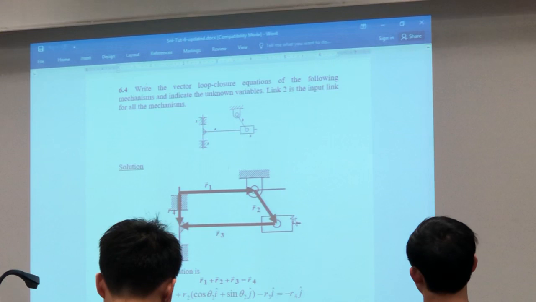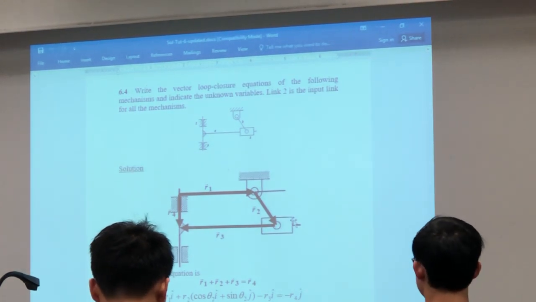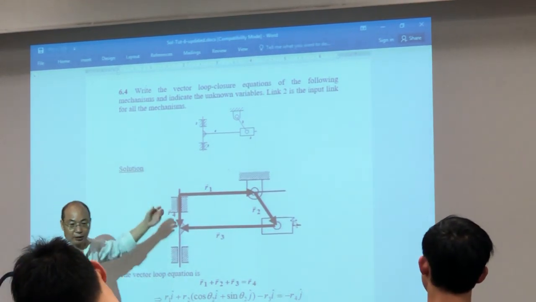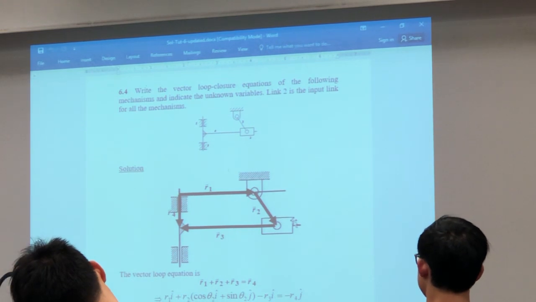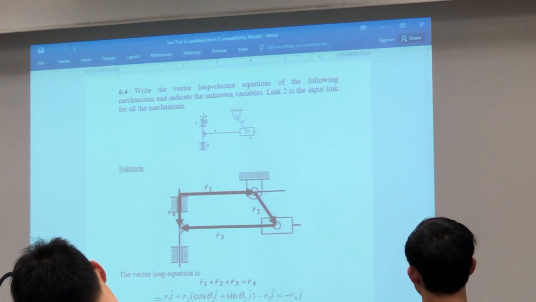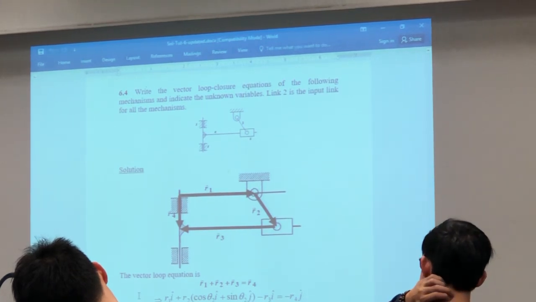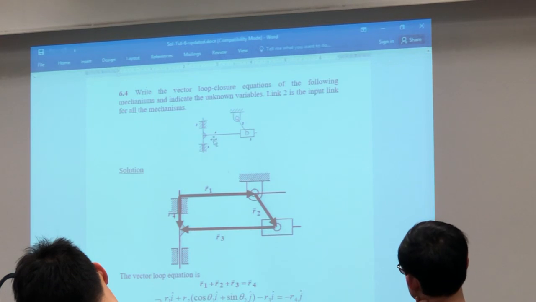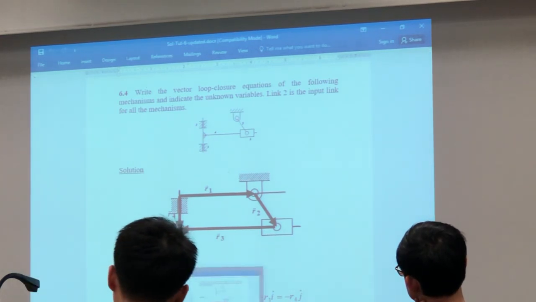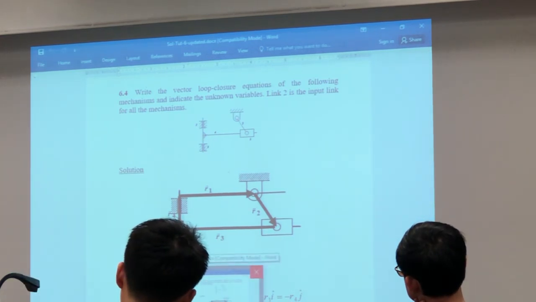Then the last question. We have this mechanism. You can visualize this mechanism. This one basically is a T-shaped link, right? This is one piece, like a welding, so this whole thing moves up and down.